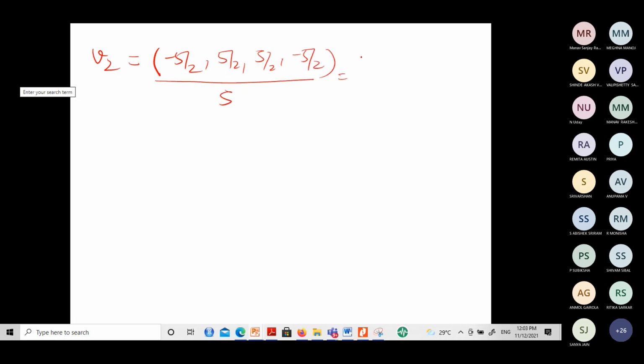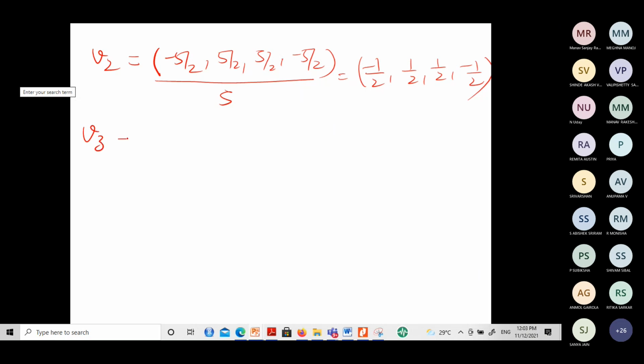If you divide that, you will get minus 1 by 2, 1 by 2, 1 by 2, minus 1 by 2. So V2 is over. Clear?